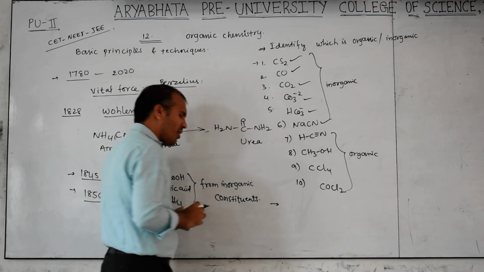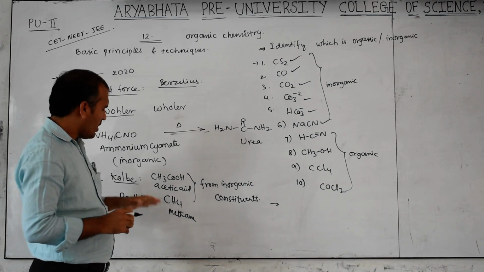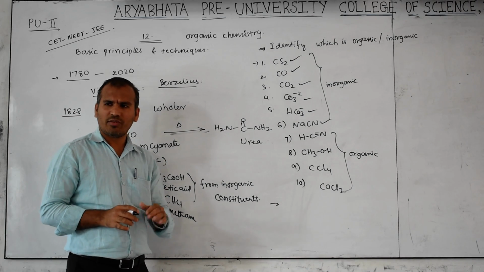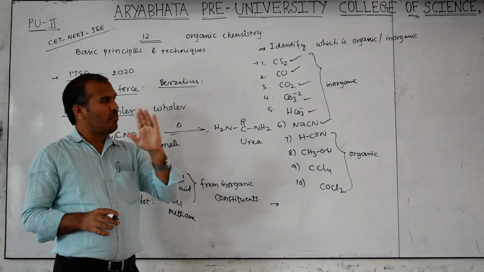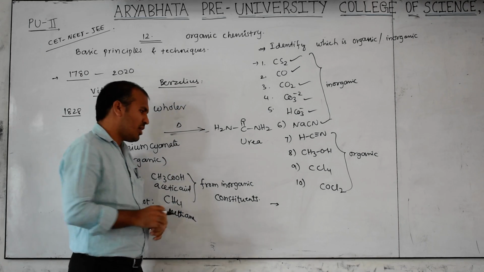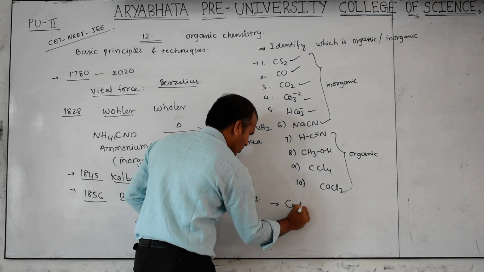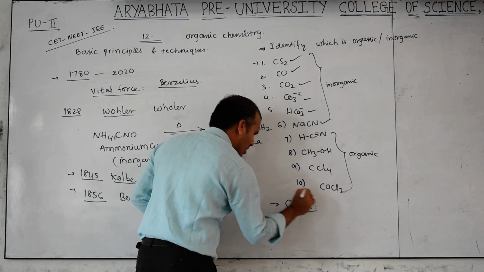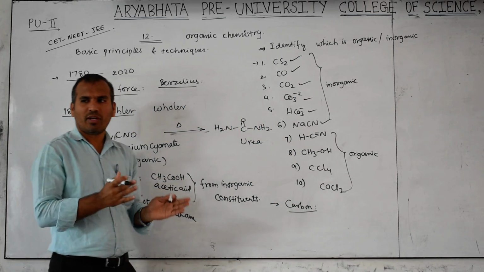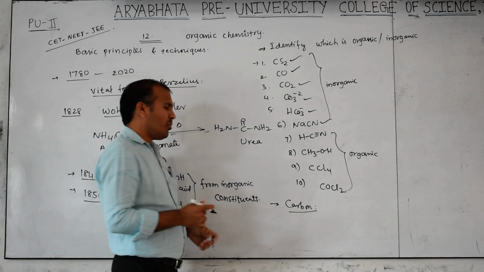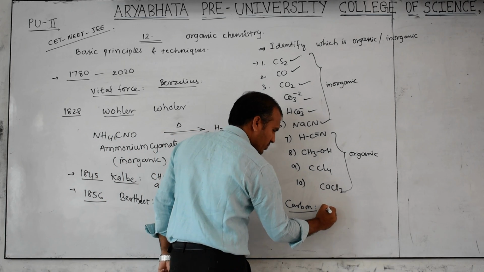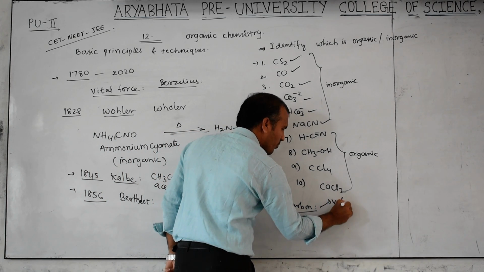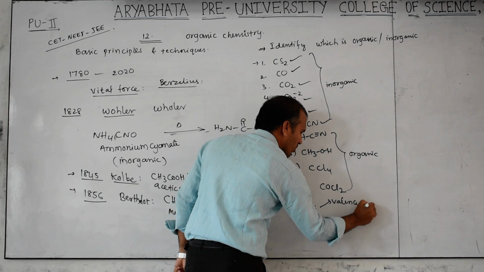Next, what is the main important point to discuss in organic chemistry? The main role in organic chemistry is played by carbon. Why are carbon compounds the majority compared with inorganic compounds? Because carbon valency is 4.